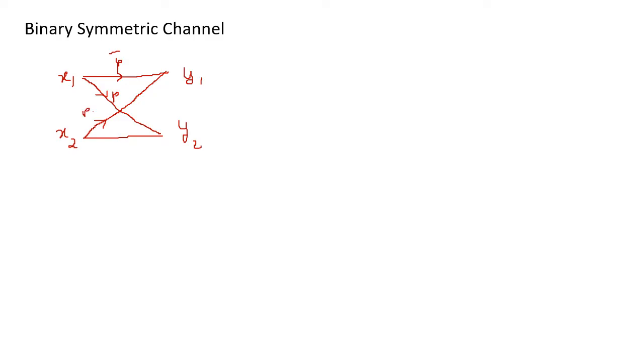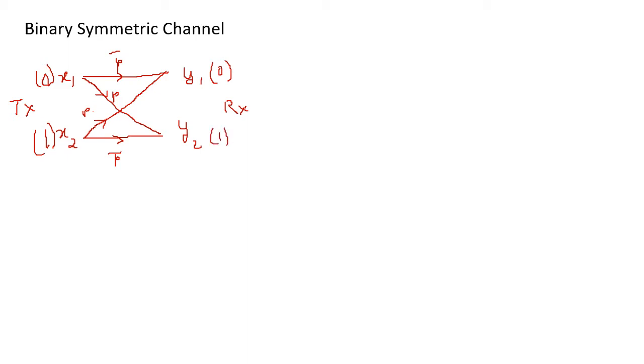Here P of y1 by x2 will be p, and P of y2 by x2, that is this conditional probability, will be p bar. This is the transmitter end, this is the receiver end, and this is input 0, this is input 1. Okay, and you are going to have the output as binary 0, binary 1.